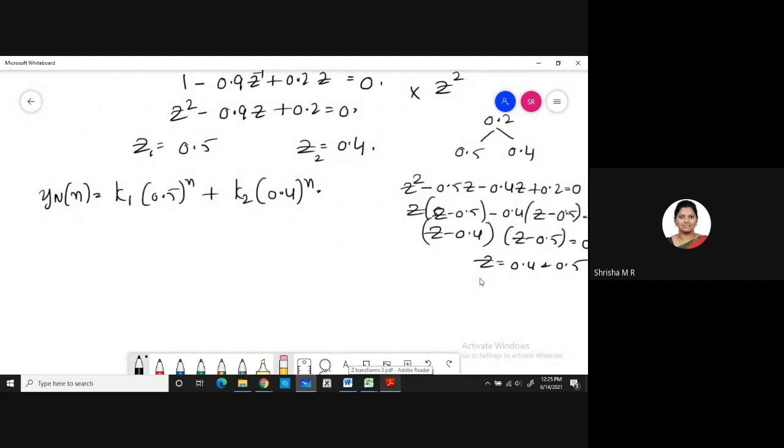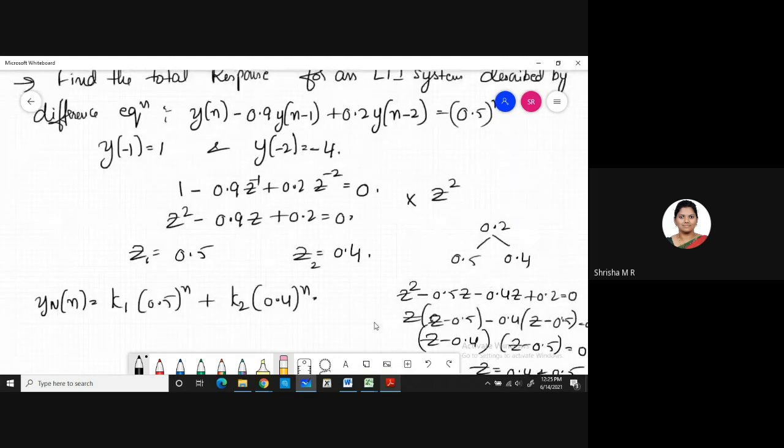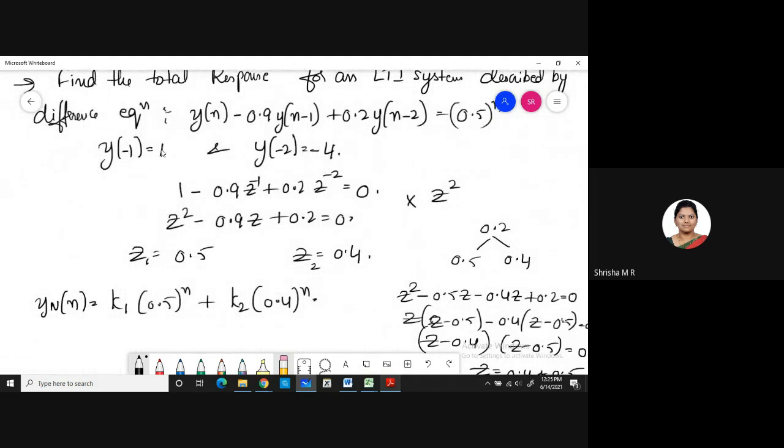So now you find constants k1 and k2 making use of the initial conditions. That is y of -1 is 1, y of -2 is equal to -4. So give values for this n as -1 and -2 and equate it to 1 and -4 respectively.